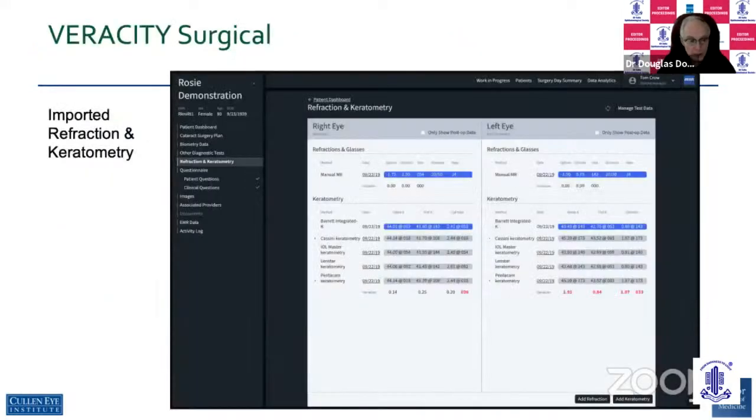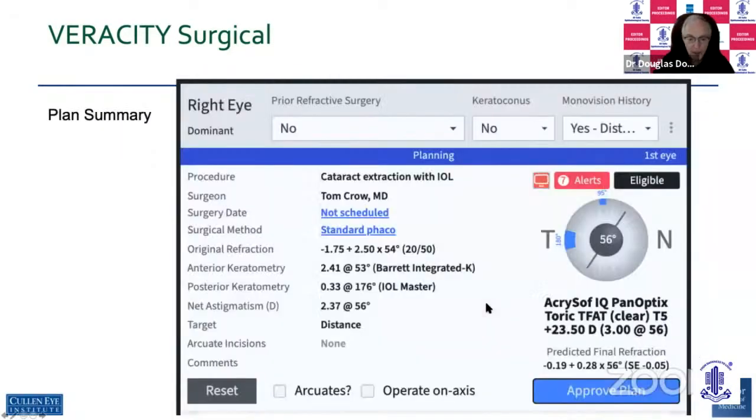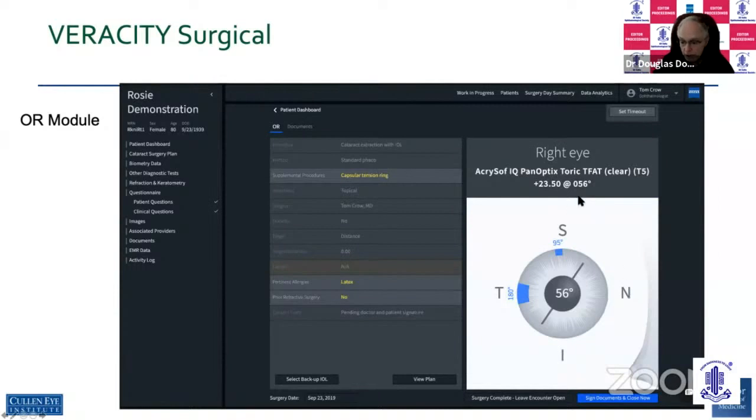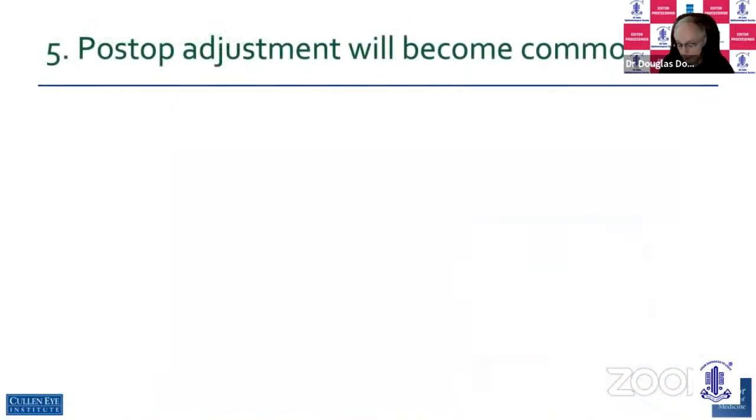And this is just an example of this one program, VERACITY from Carl Zeiss, where it imports all the refractive data, look at all the K readings that are incorporated here. You can then have a surgical plan that you can take to the operating room, and then actually you can just post this on your screen so you know exactly what lens you're putting in for a given patient. And then you can generate operative reports and do a lot of things with it.